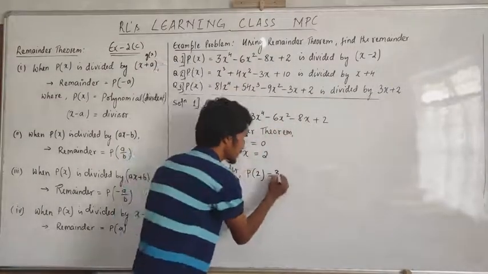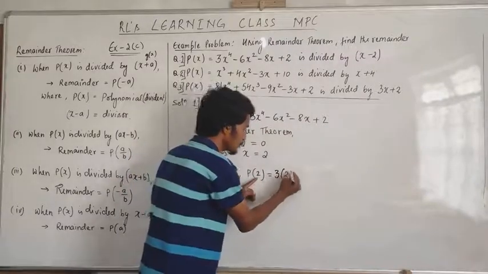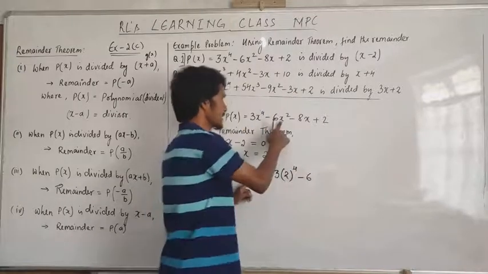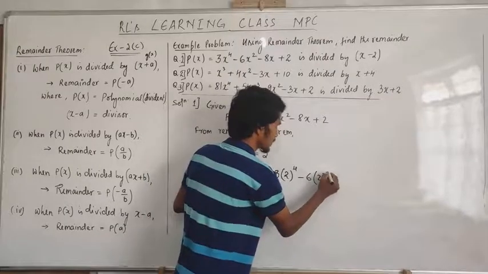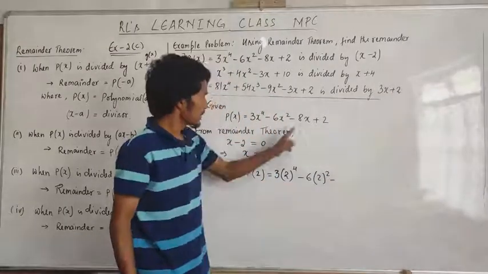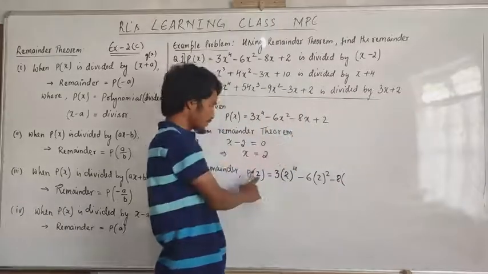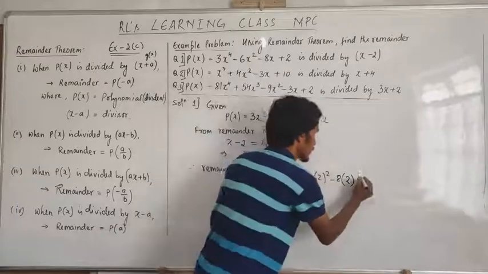Then here we get 3, and in place of this x, I'll put 2 to the power 4, then minus 6 times 2 to the power 2, minus 8, then again in place of x we put 2, then plus 2.